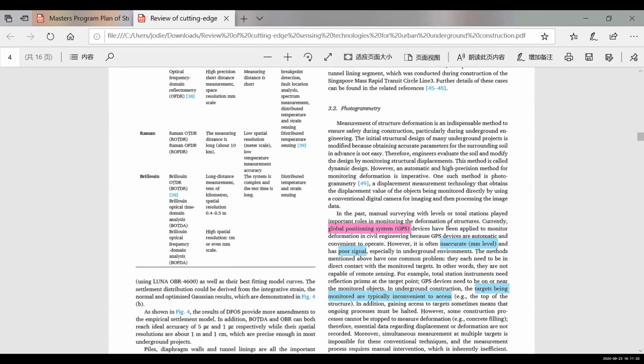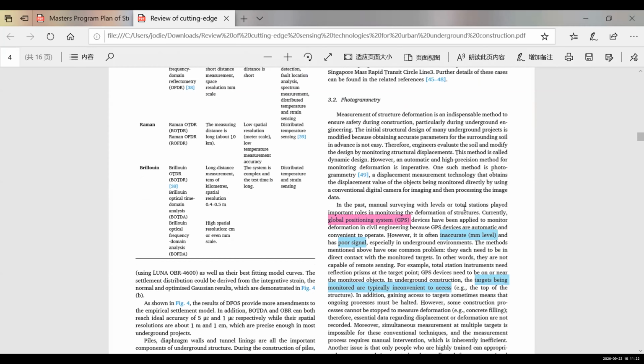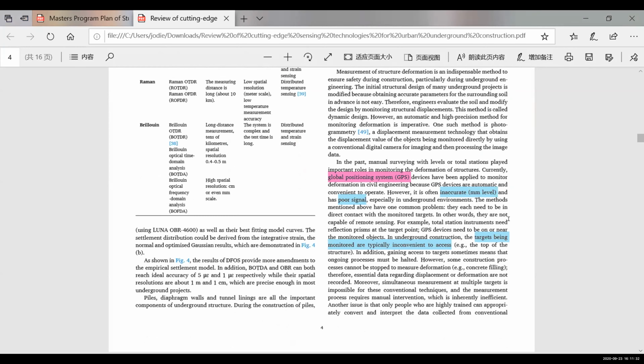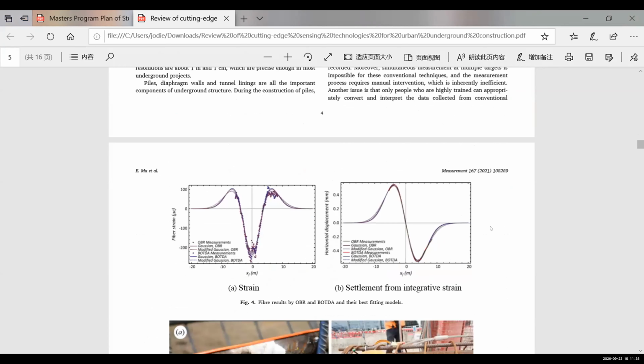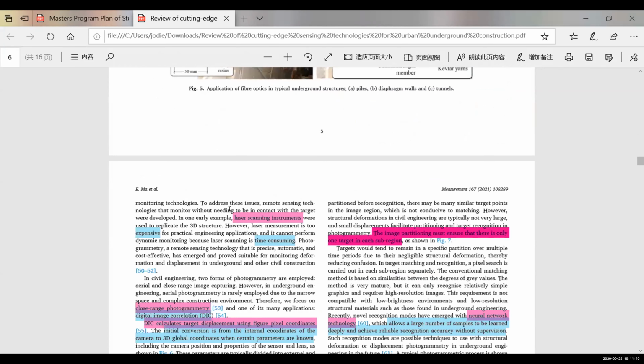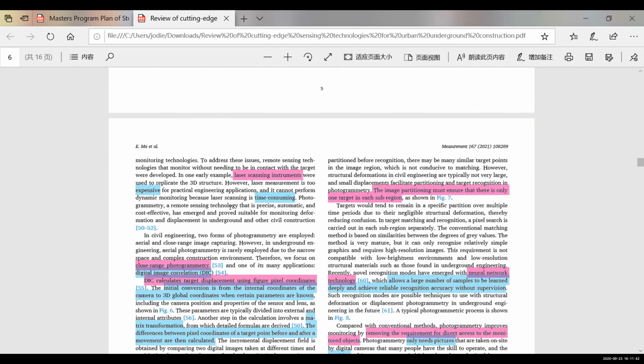And the second one is photogrammetry. Currently, GPS has been applied to monitor the deformation, but it is often inaccurate and has poor signal in underground space. Another application is laser scanning, but it is expensive and time-consuming.